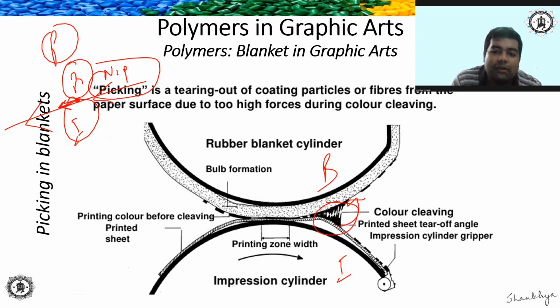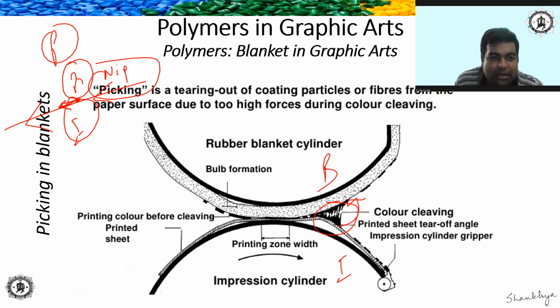The blanket is again in contact with the plate, and the plate is in contact with the ink form rollers and the inking train as such. So all these fibers will start to move on to the inking rollers as well as the dampening rollers, and that will create a different sort of problem altogether.